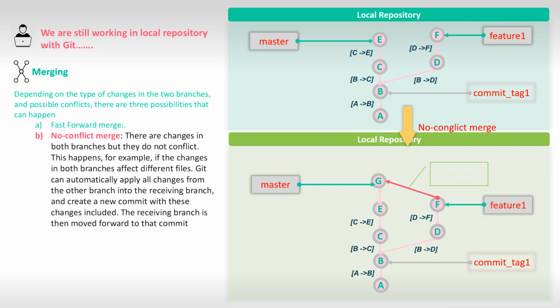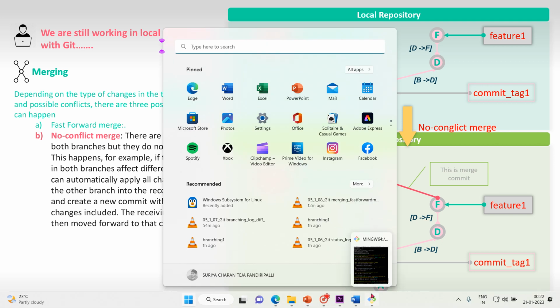Whatever files you have added in D commit and then F commit, all these files will be added to the master branch with a new commit, which we identify as G, and this commit is called a merge commit because it is merging the files from feature 1 branch into the master branch. That is the reason we call this a merge commit, and this kind of merging is called no conflict merge. So let's quickly get into the practical demonstration of this.